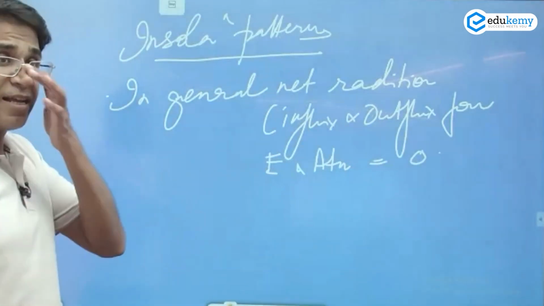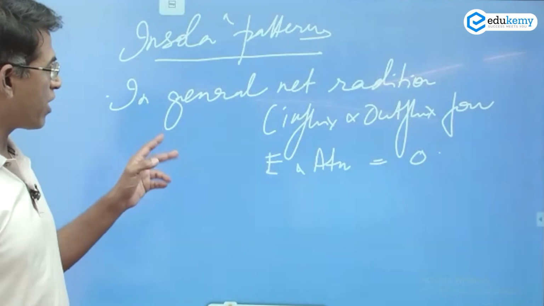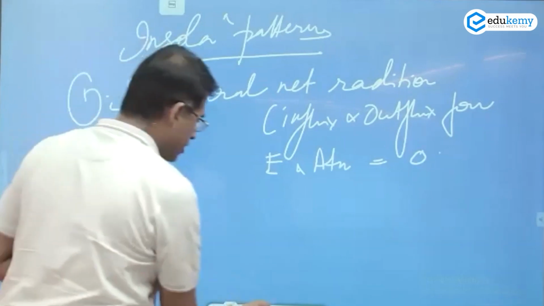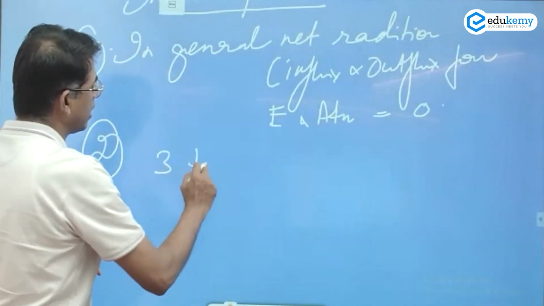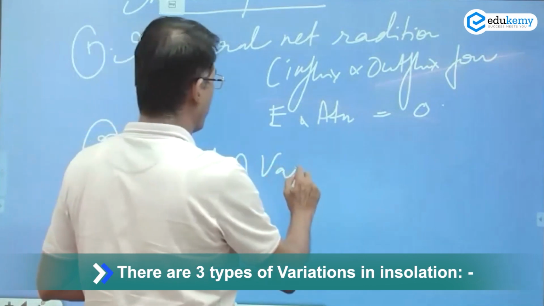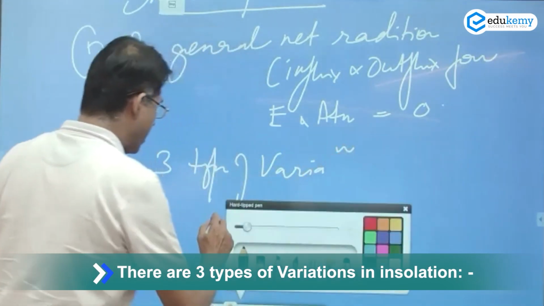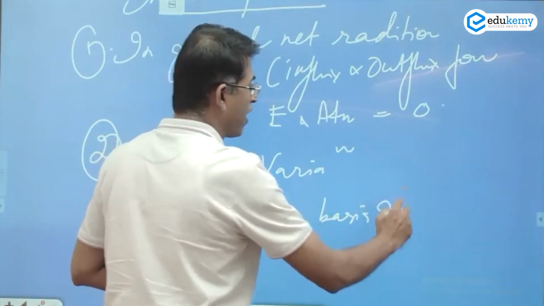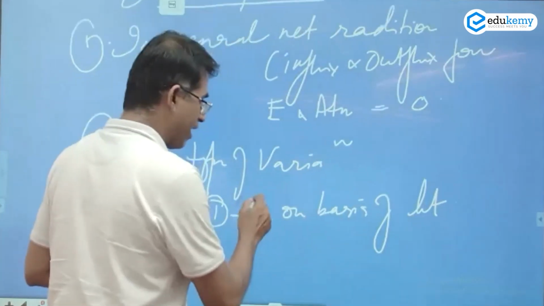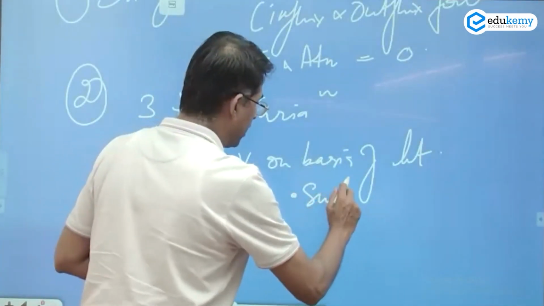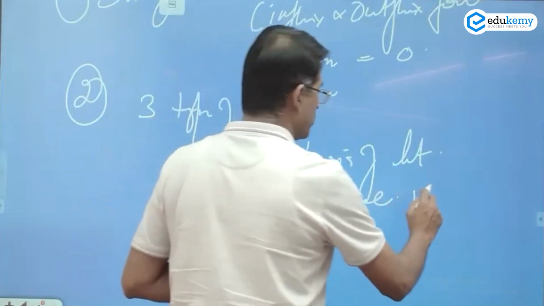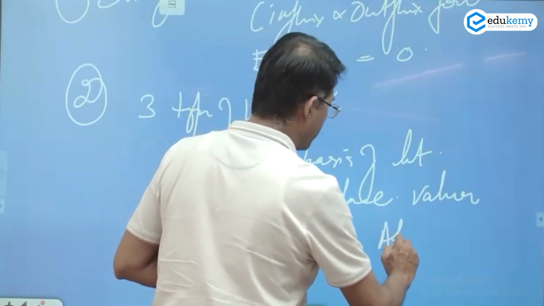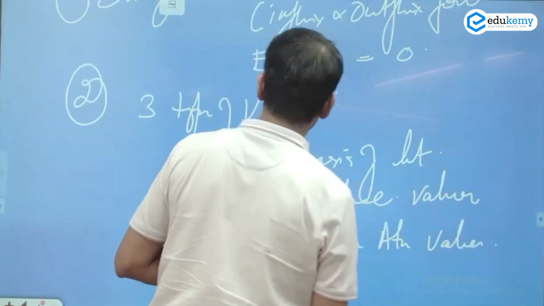In general, the net radiation, the influx and outflux for the Earth and atmosphere system is equal to 0. But there are three types of variations. We have variations on the basis of height. So we have some data for surface values, and we have some data for upper atmosphere values. This is one variation.